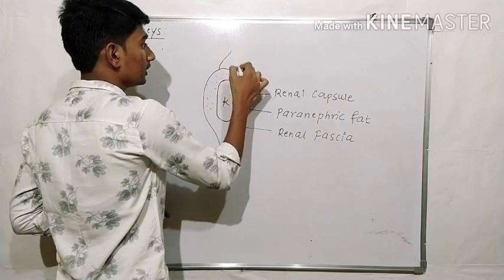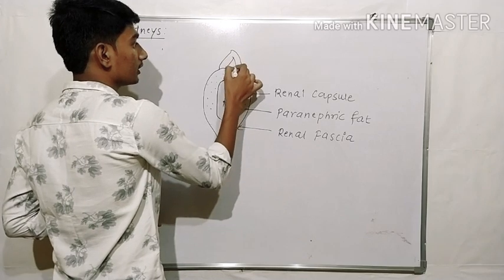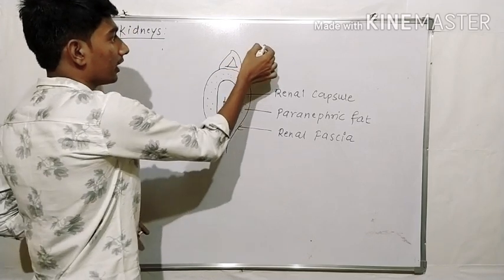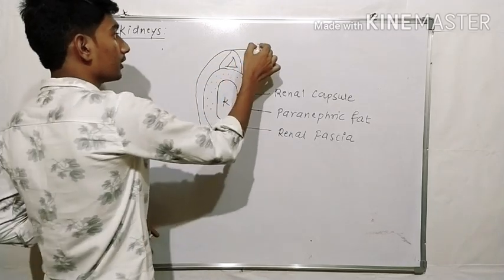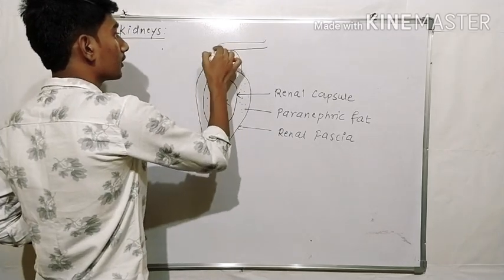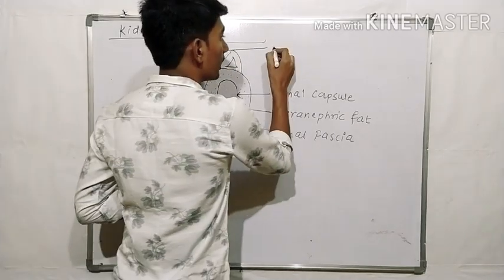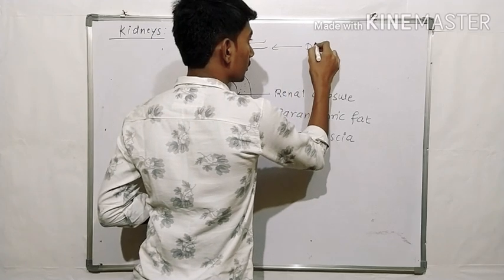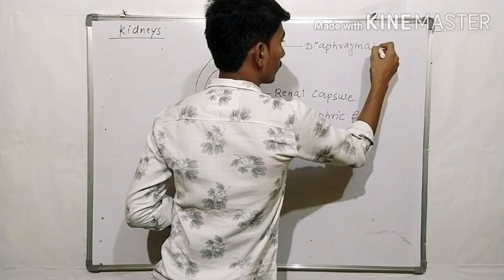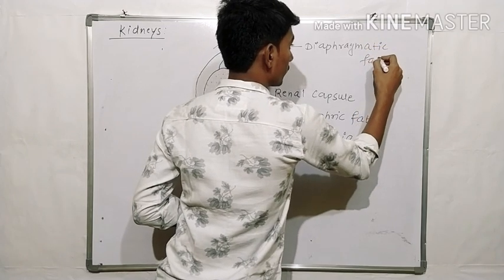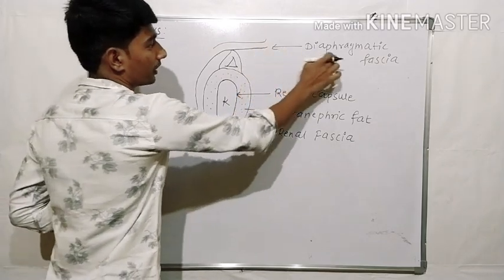This is the adrenal gland, and this one is the diaphragmatic fascia. This is the diaphragm, and this is the diaphragmatic fascia.